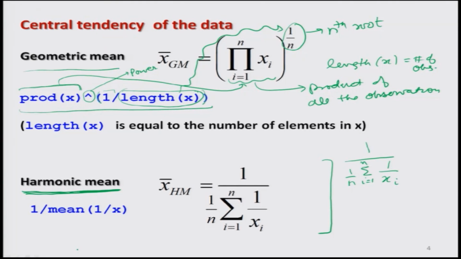There is no direct function to compute the harmonic mean in R. So, we use the mean function and devise the syntax for computing the harmonic mean. This becomes simply 1 upon mean of 1 by x. So, this is how one can compute the harmonic mean in the R software.